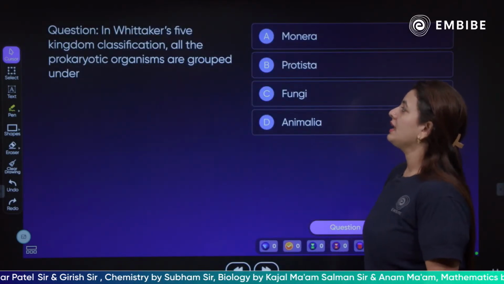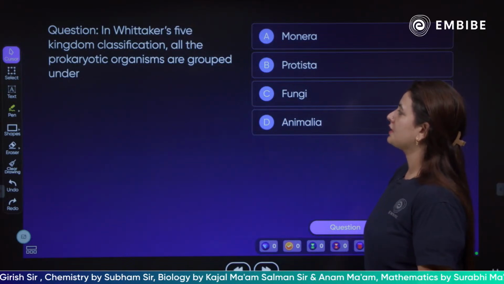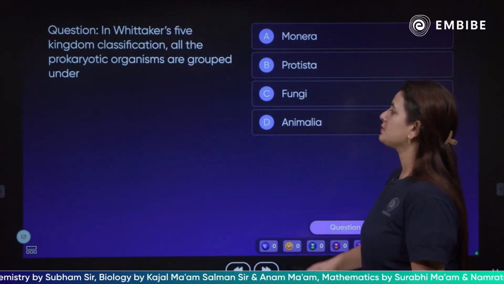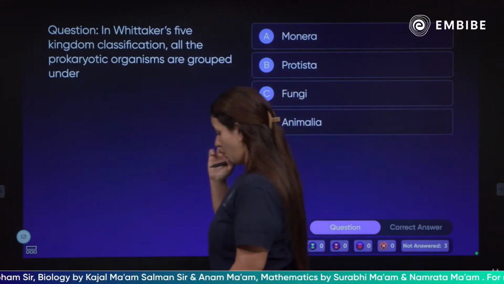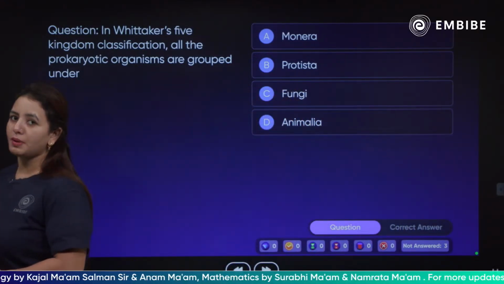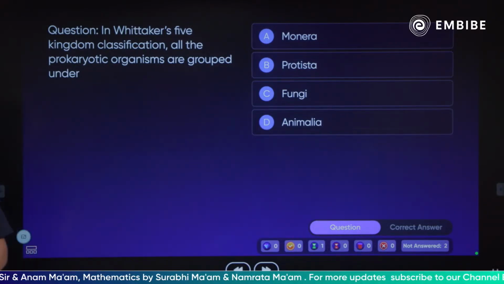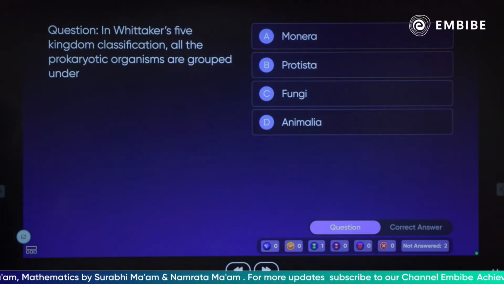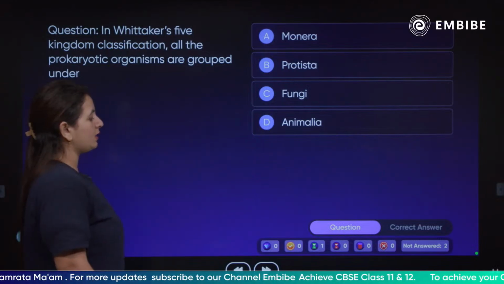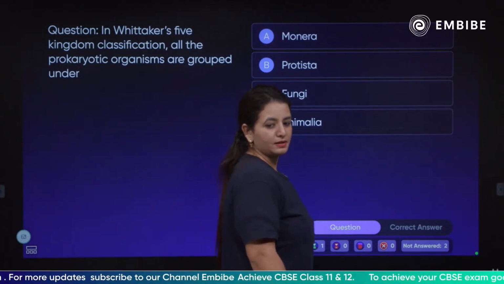The next question, in the Whittaker's 5 kingdom classification, all the prokaryotic organisms are grouped under which kingdom? According to Whittaker classification system, the prokaryotic organisms are grouped under which? Very simple.